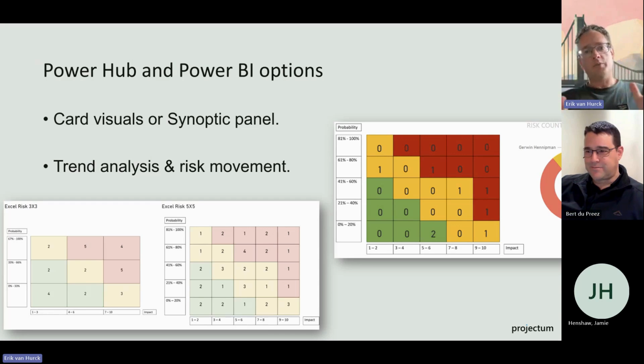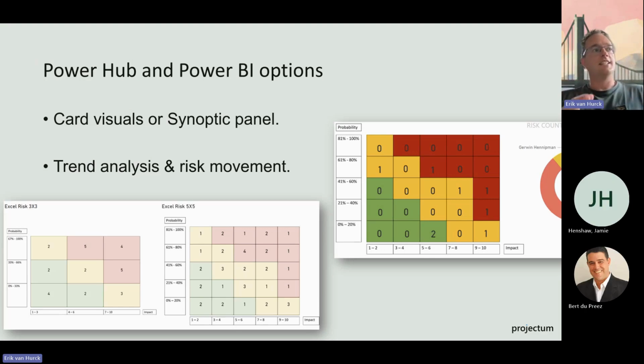Yeah. Talking about reports, because like I mentioned previously, there is this Dataverse backend. Everything is stored in tables in this Dataverse solution. And what we've done for Power PPM is we created a time machine as well. And that time machine is called Power Hub. The capability we have with Power Hub is that every change that happens in the solution is recorded in a SQL database on the Power Hub.